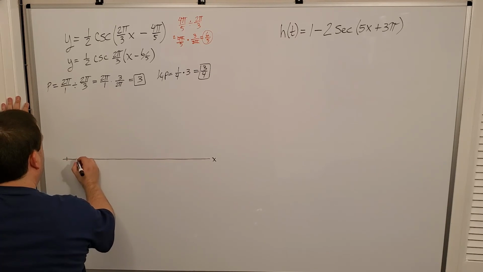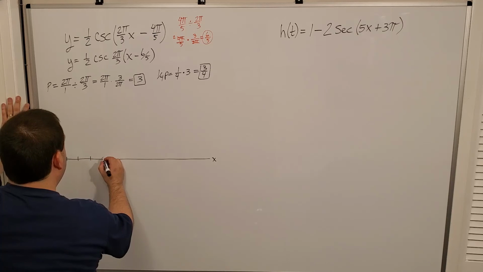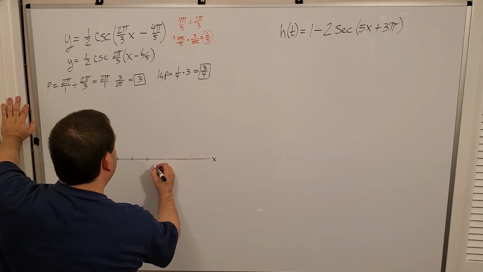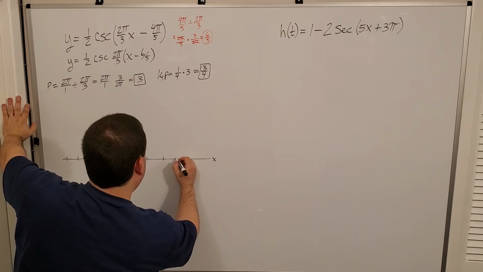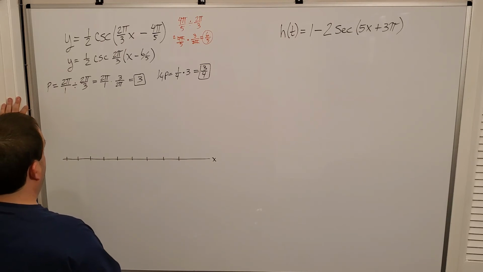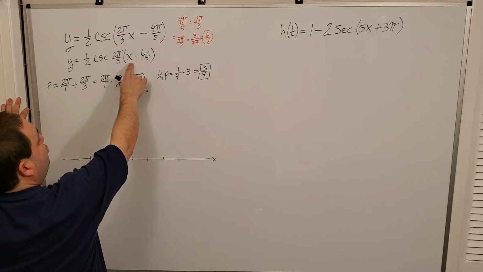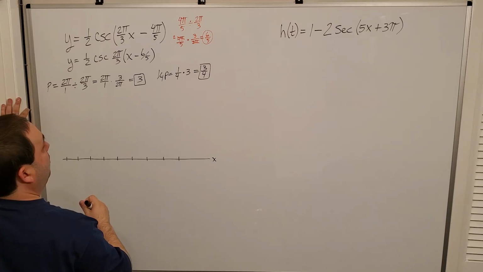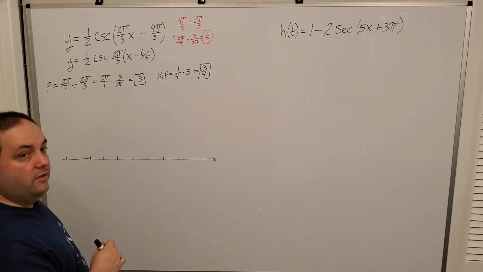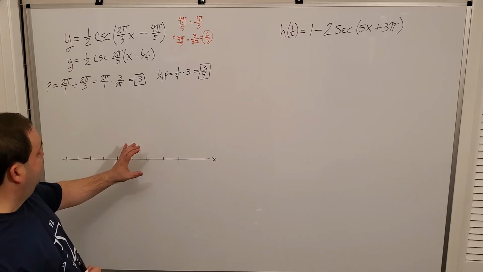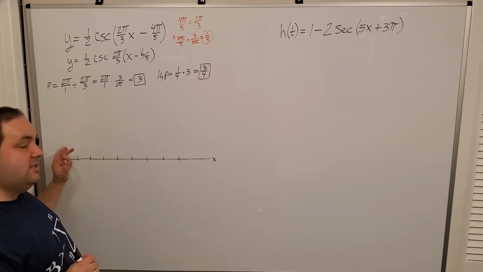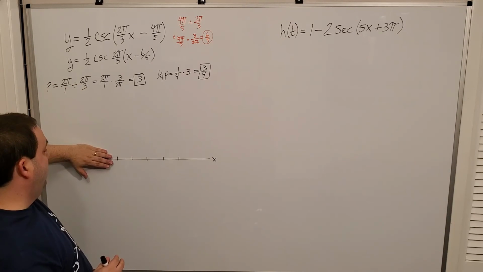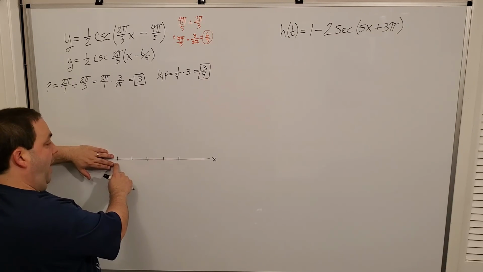Okay, so 1 mark, 2, 3, 4, 5, 6, 7, 8, and 9. Okay, this one has been shifted to the right by 6/5. So here's what I want to do. I want to be able to find my y-axis, and since this thing was shifted to the right, that means my axis is going to be somewhere over here. So here's what I want you to think of, that these 4 marks don't exist yet. Remember, I usually start with 5 marks, right?